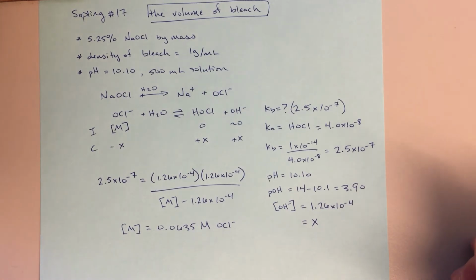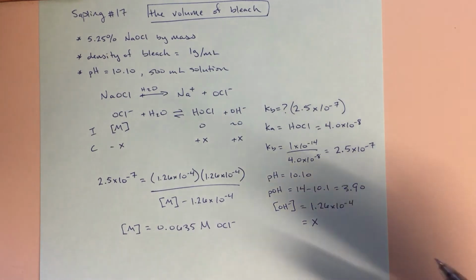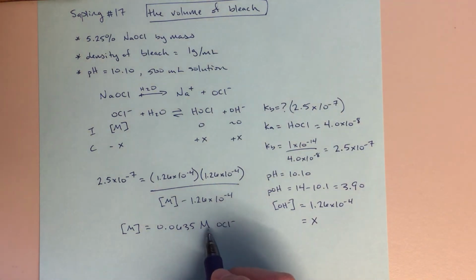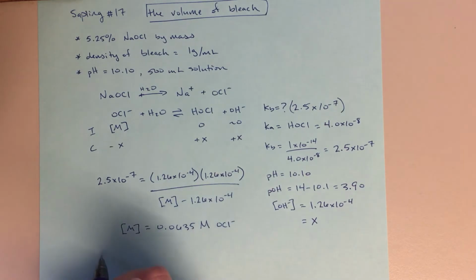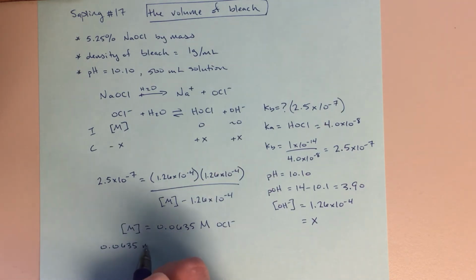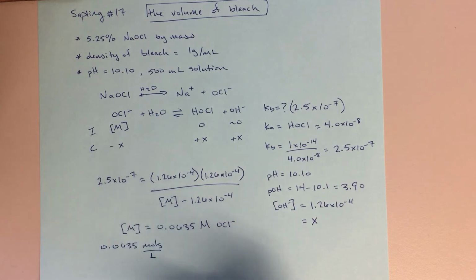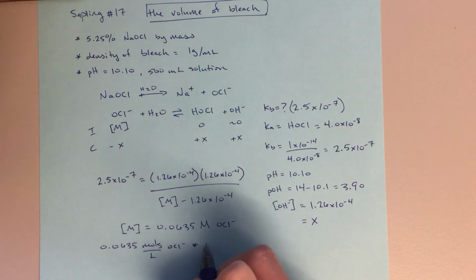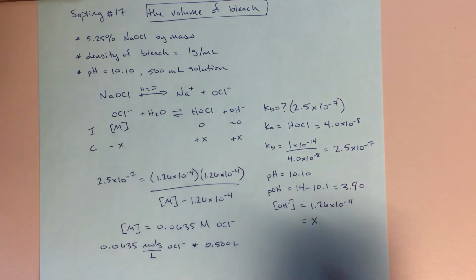So in my mind, what I was thinking is, okay, if this is my molarity, that's my moles per liter. So I could say 0.0635 moles per liter of OCl-. I can multiply that by 0.500 liters, right?